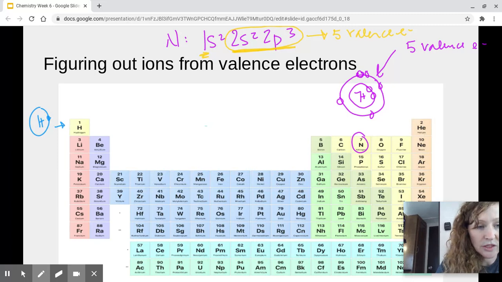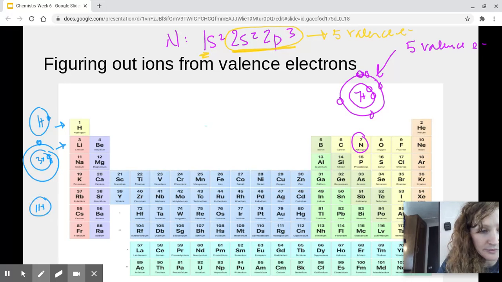So hydrogen would look like that. Lithium looks like that. Sodium is getting a little bigger. Looks like that.